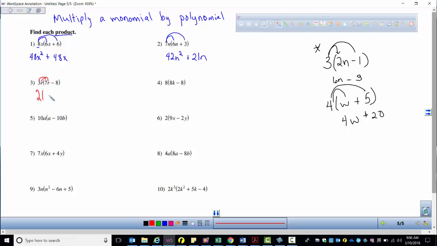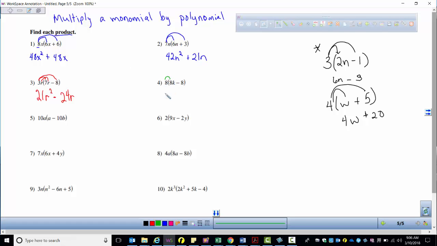R times r is r squared. 3 times 8 is 24. There's one r, so we keep one r, and it's minus. So you're multiplying and figuring out how many of each variable you have.